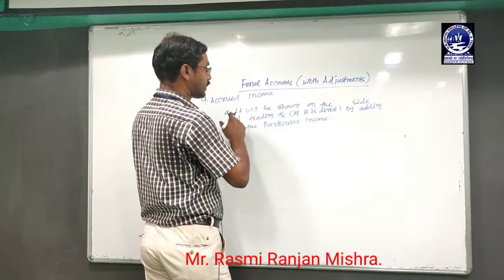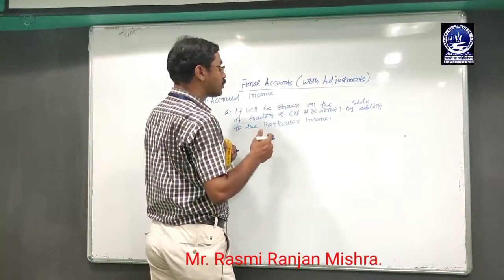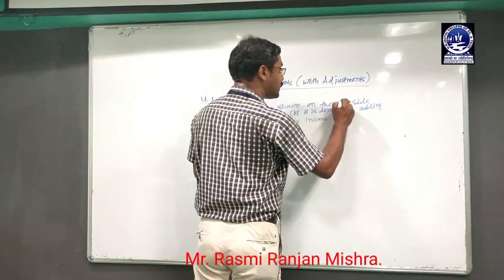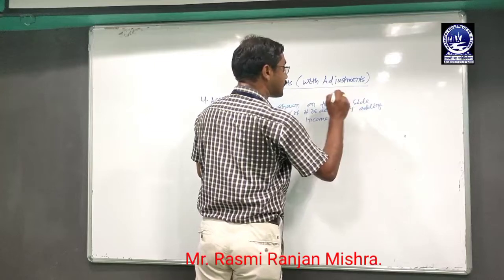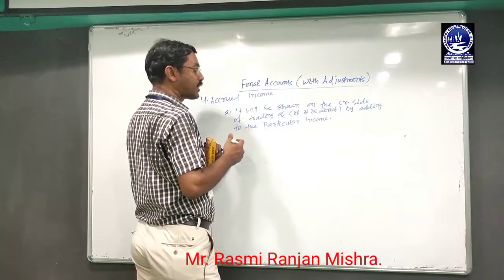Sorry, there is one mistake. As it is income, we must show it on the credit side of the final account, that is, the trading account or profit and loss account.